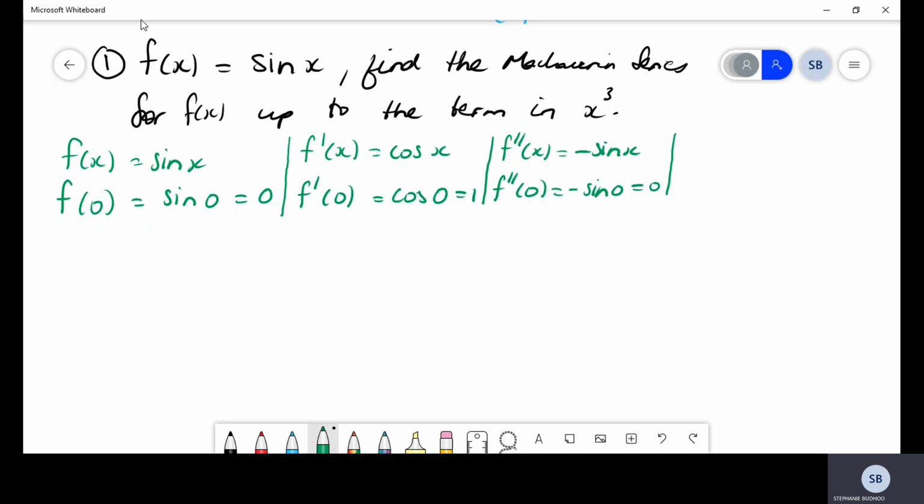All right, now the question says we're going up to the x cubed term here. So let's keep pushing at it. That's 1. First derivative, second derivative, third derivative. So we need to keep going.